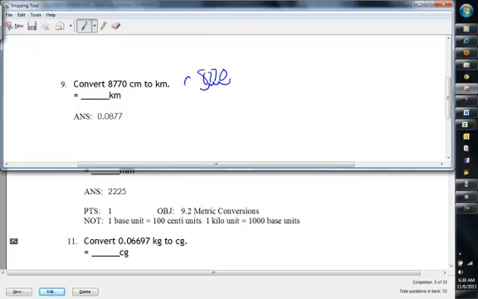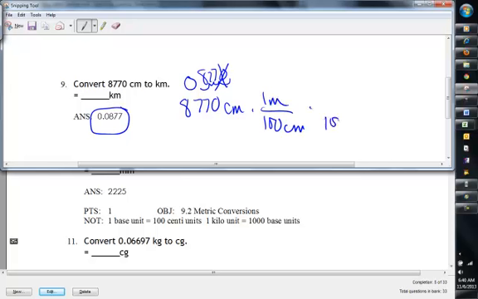We ran out of places, so we have to put in a 0. So our answer is 0.0877. We don't write the last 0 because a decimal number doesn't need that 0. On our calculator, we could have done 8770 centimeters times 100 centimeters is 1 meter times 1,000 meters is 1 kilometer.